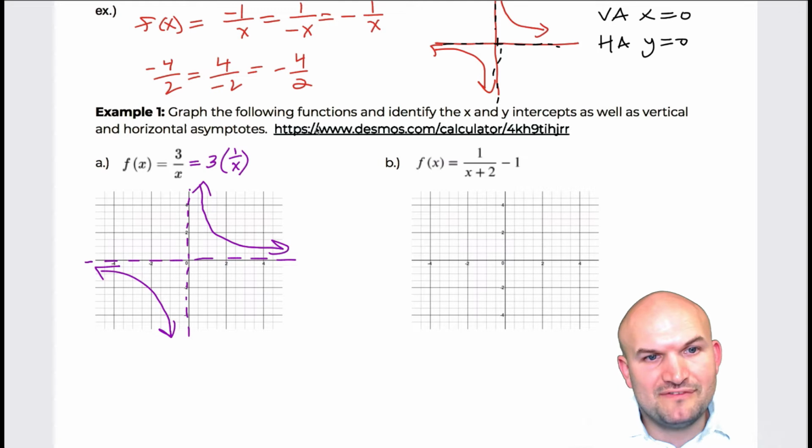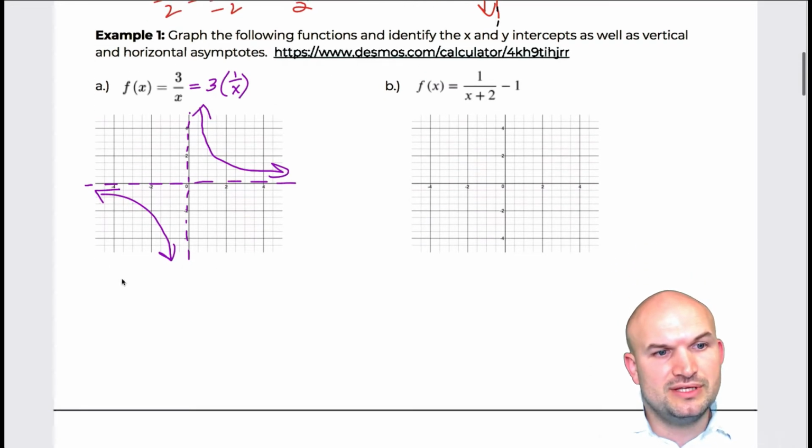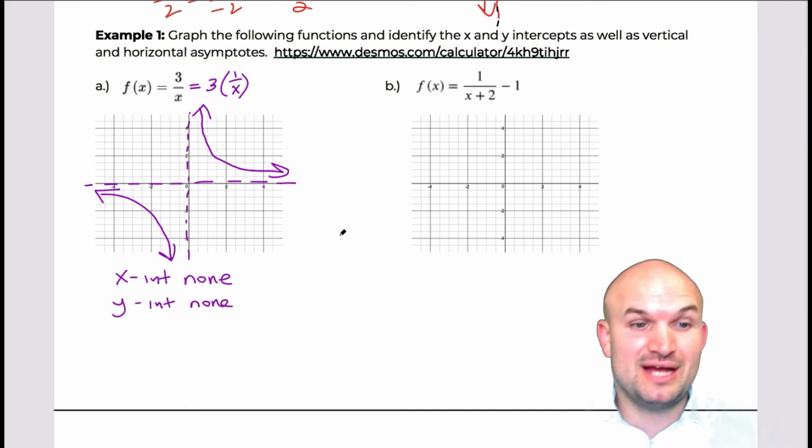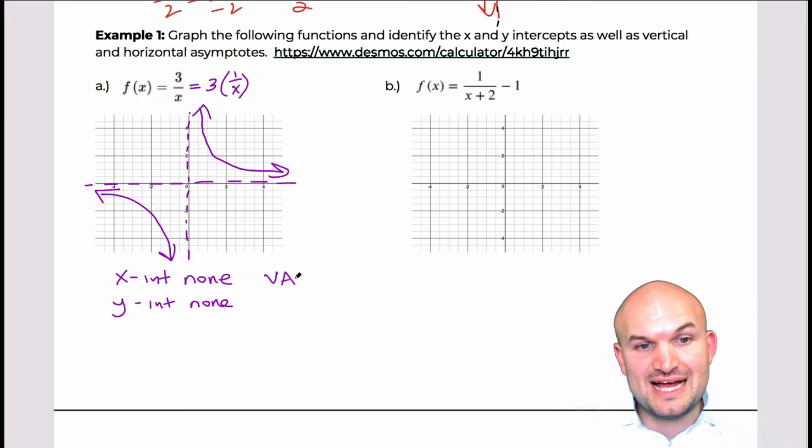Now we can see that there are no x and y intercepts. The x-intercept: none. The y-intercept: none. The reason there's no x and y intercept is that the vertical asymptote was not changed. The vertical asymptote is at x equals 0.